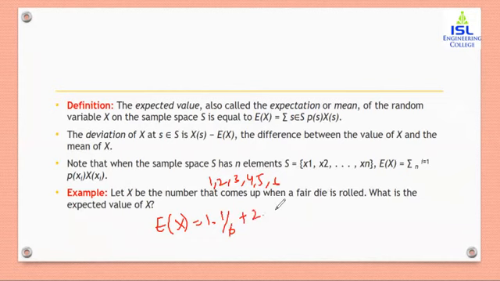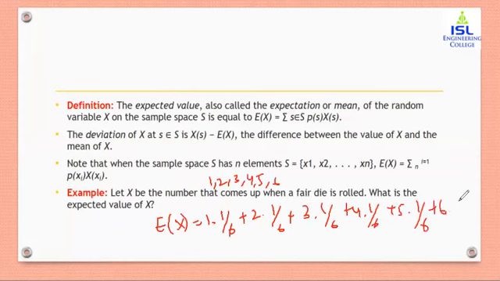Again, for 2 it is also 1 by 6, for 3 it is also 1 by 6, similarly for the rest of them. So, you just have to multiply each value with its probability and add up the results. Okay, so this is the problem for expected value.